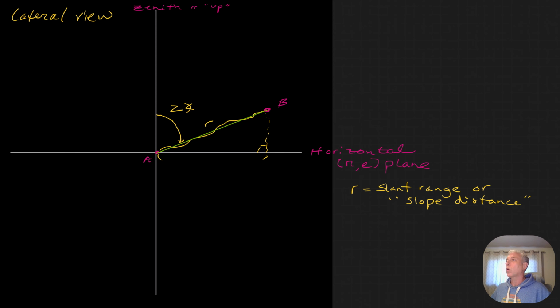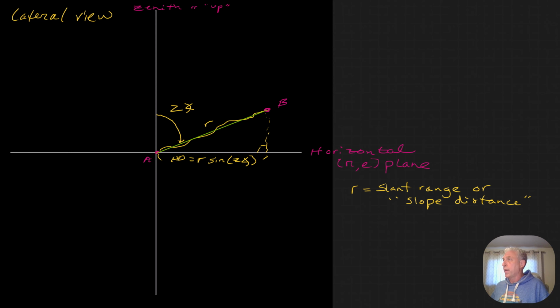Then we can get our horizontal distance. So horizontal distance, HD, equals R sine of the zenith angle. So our slope distance times the sine of our zenith angle gives us that horizontal distance. We've seen that a bunch of times.